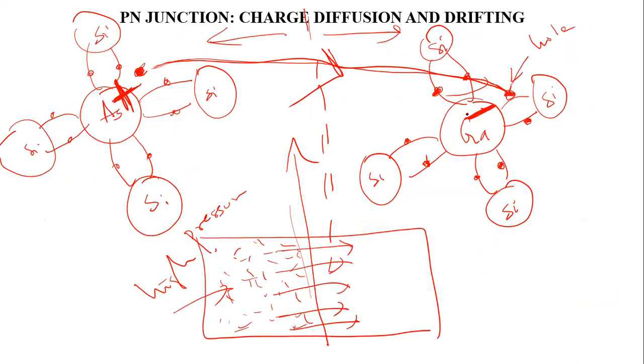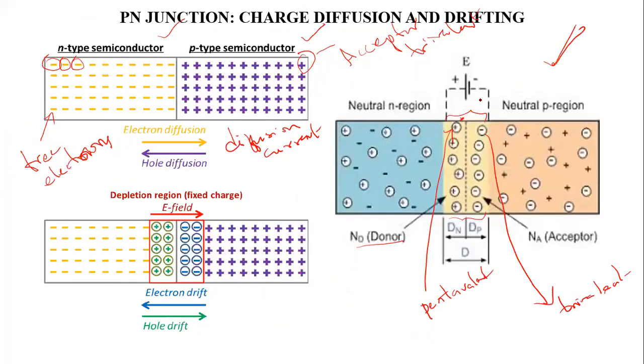It forms chemical bonding with the neighboring silicon atoms, so this arsenic atom cannot move. After donating one free electron, it becomes a positive ion. So you have positive ions and negative ions. They are charged particles, but they cannot move. So this region of space has charged particles which cannot be moved. Therefore, we call it the space charge region also.